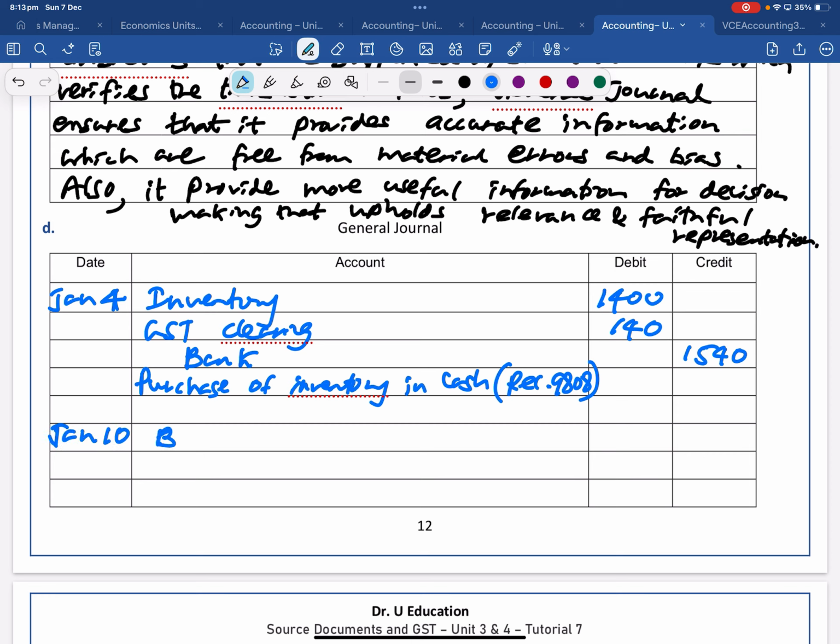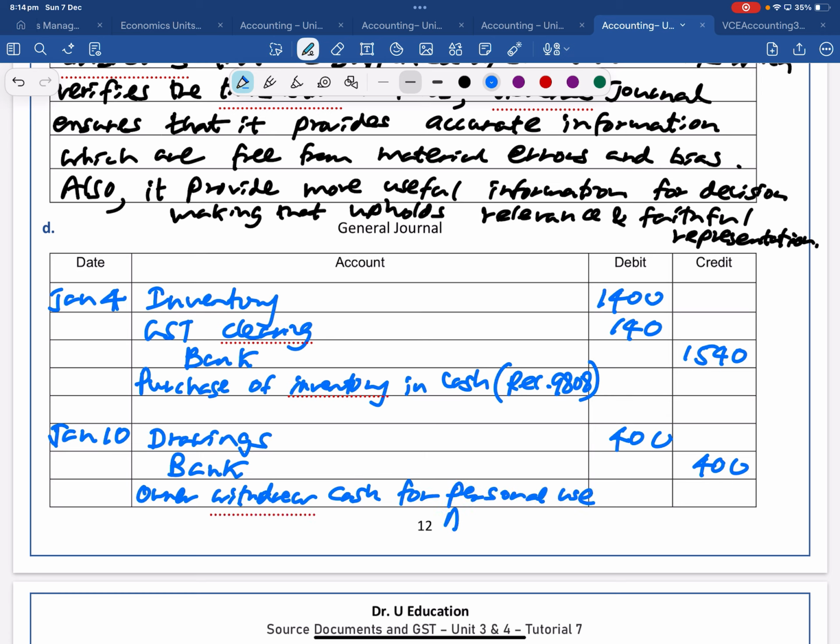Why do we debit drawings, guys? Negative equity. And we credit the bank. Owner withdrew cash for personal use.